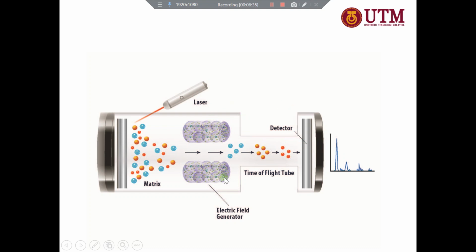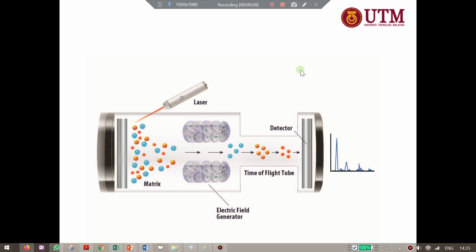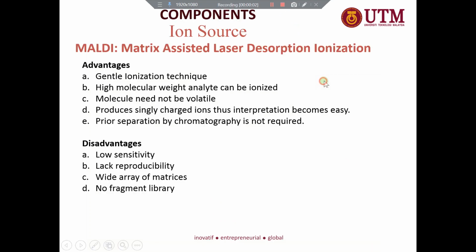We already discussed the time of flight mass analyzer. I hope that explains the principle of matrix-assisted laser desorption ionization. In the next slide, we discuss the advantages and disadvantages of MALDI.